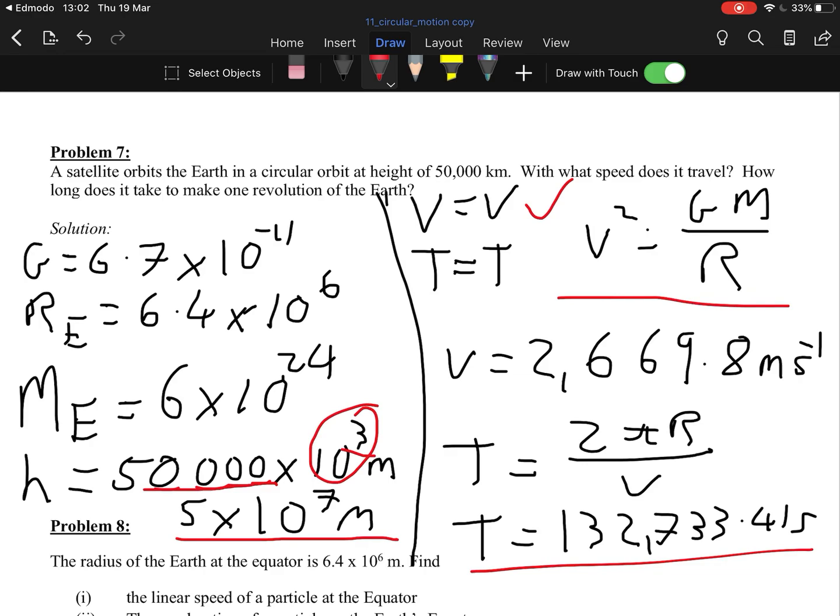That's a 7, not an E. It's just the marker is not picking it up right. So that's the values you should end up getting.